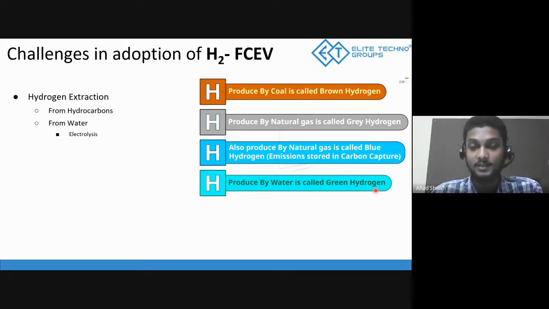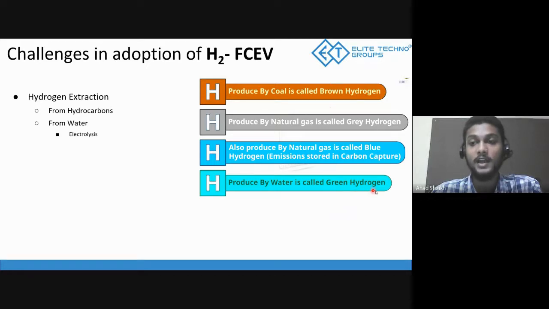That's the thing we are looking for, to not harm the environment in any way while generating the source of energy. So if the hydrogen is generated with electrolysis, and the electricity is generated from renewable resources like wind turbines and solar power, only then will it be called green hydrogen.